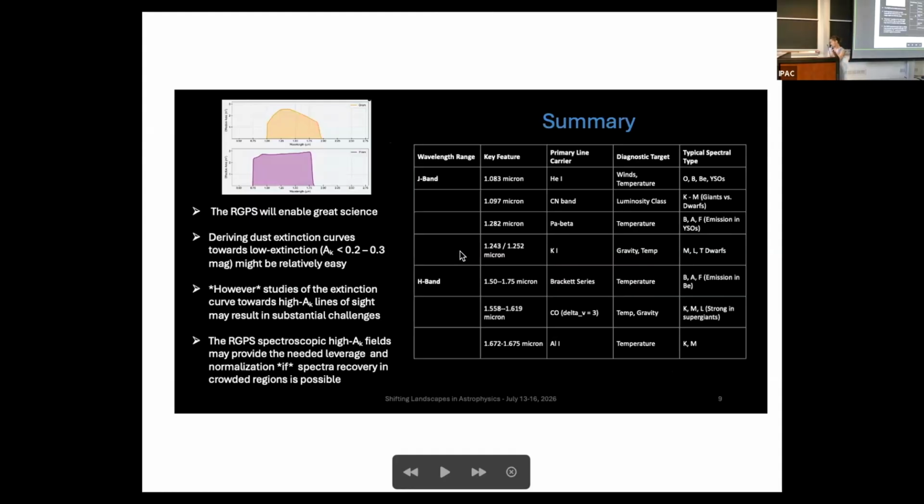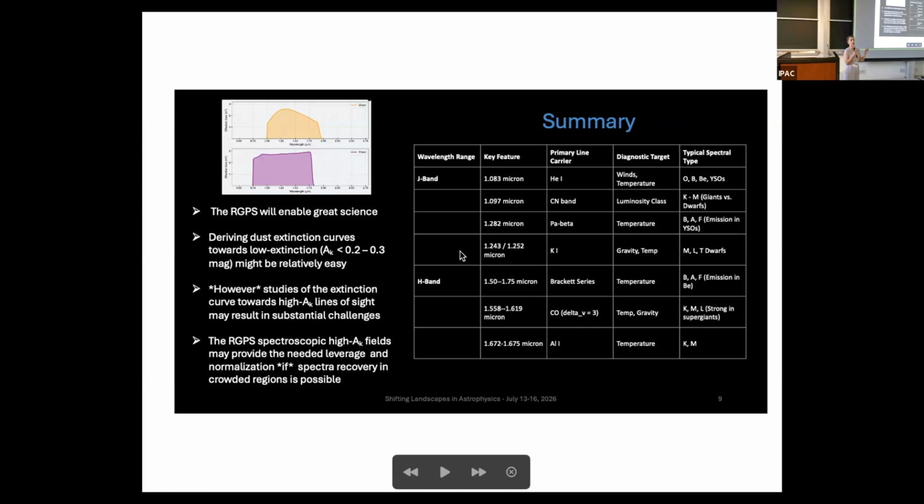Now, I just want to conclude by saying that, of course, the GRISM and PRISM would really help. So we have these 15 fields where we do the spectroscopy. And the hope is to be able to use those to leverage and normalize all the broadband photometric data.